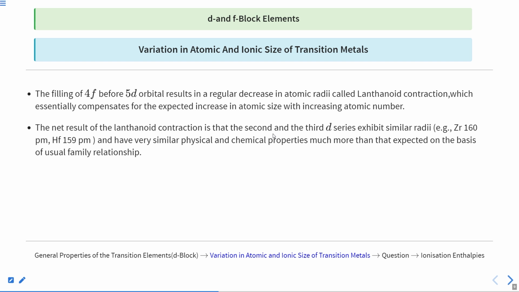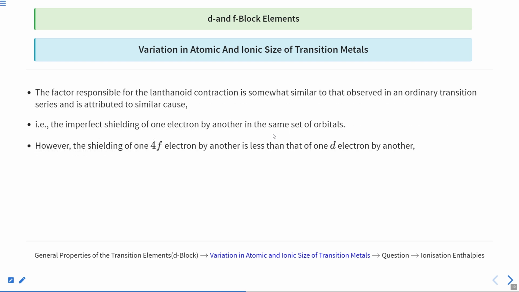Got it? Now, we have told you that due to the lanthanoid contraction, what happens? Due to poor shielding, the 5d orbitals are experiencing a greater force of attraction due to the poor shielding of the 4f orbital because of its diffuse shape. Greater force of attraction means the outer radii will come closer, and hence their atomic radii will decrease.